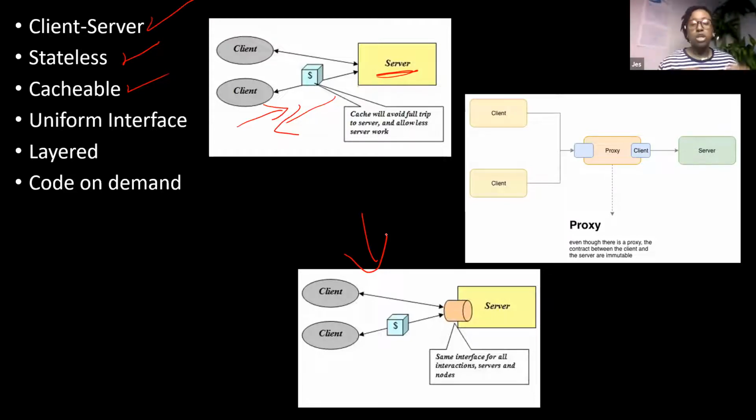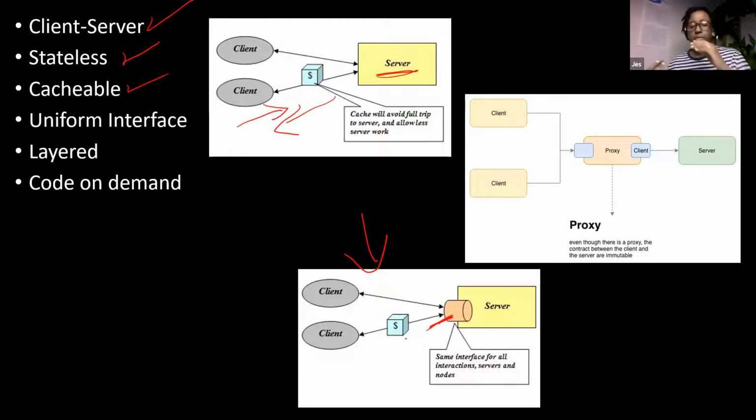We're going to use the same interface for all interactions, regardless of what type of client I'm using. There's a uniform interface that my API is going to talk through and give me information.